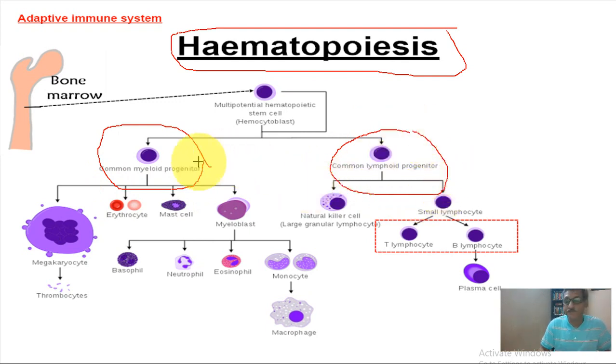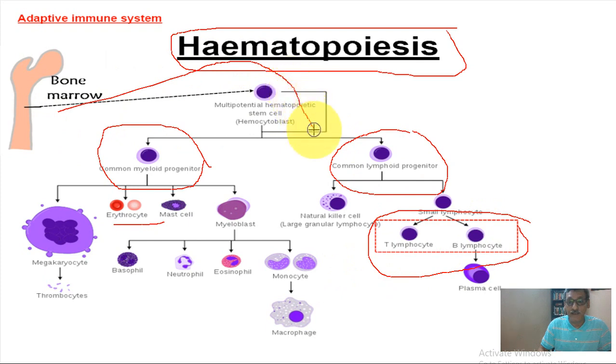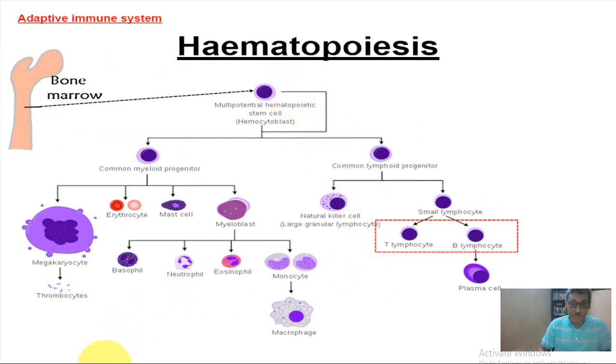The common myeloid progenitor gives rise to different kinds of blood cells, starting from erythrocytes or RBC, platelets, neutrophils, eosinophils, basophils, monocytes, etc. On the other hand, the common lymphoid progenitor gives rise to the T and B lymphocytes, besides natural killer cells. So both T and B lymphocytes originate from the bone marrow with the process of hematopoiesis, following this common lymphoid progenitor lineage.